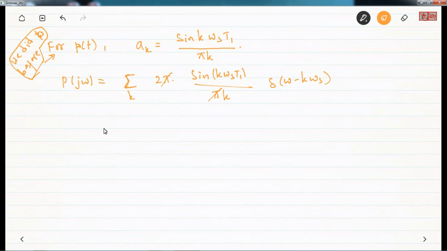Now I can further show this in terms of the sinc function. So this is equivalent to 2 omega s t1 sinc of k omega s t1 by pi, into delta of omega minus k omega s.